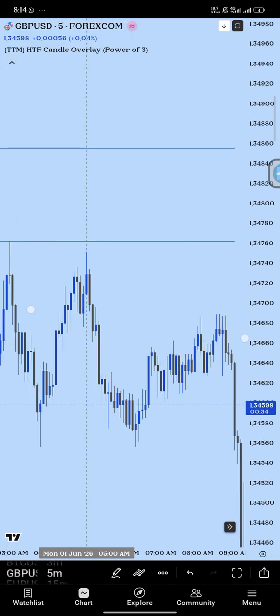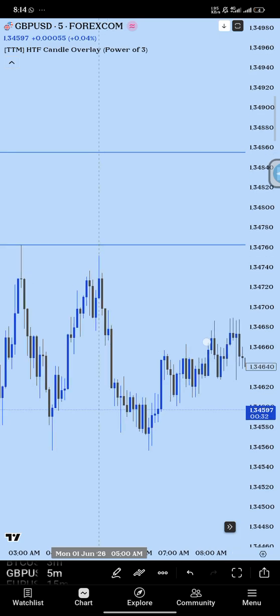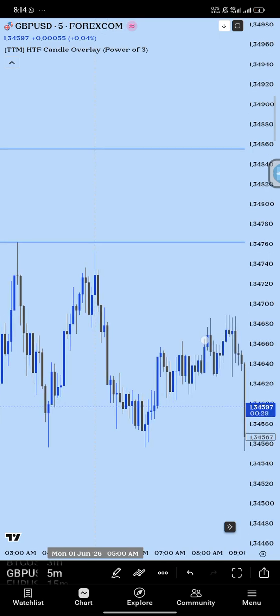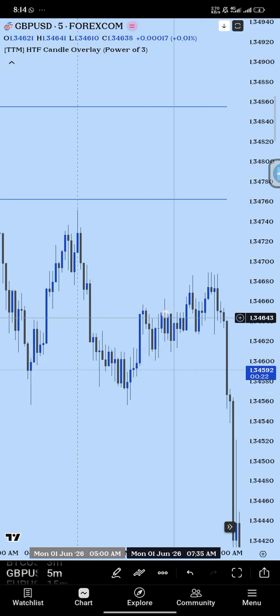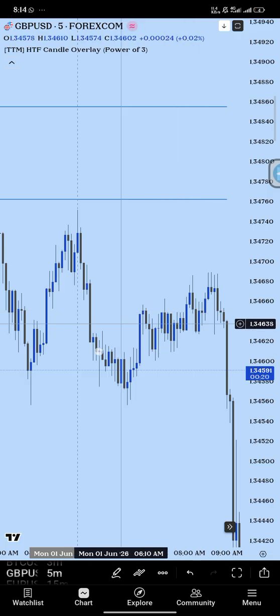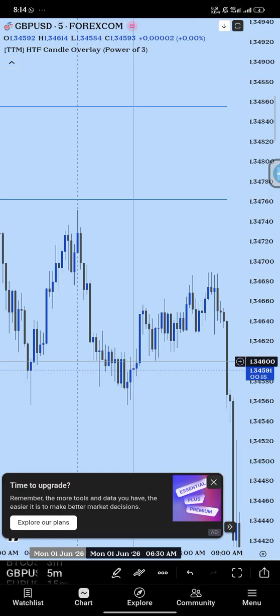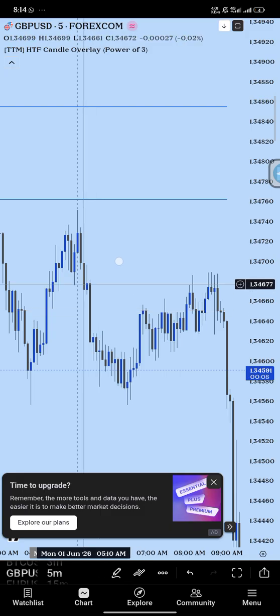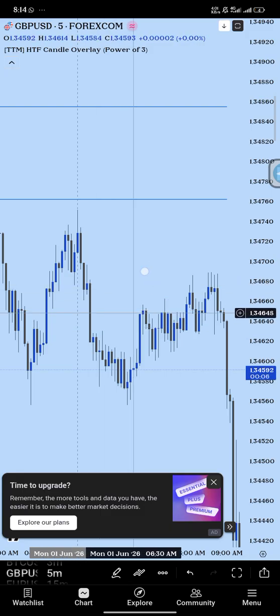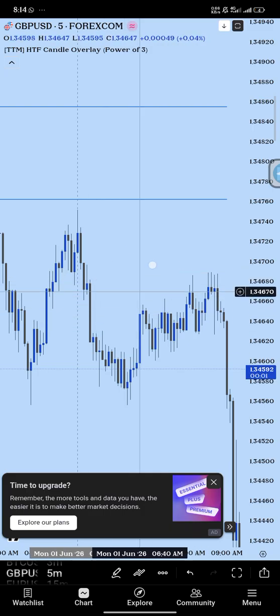So the only thing I noticed is that this entry was a very sketchy one, because the confirmation came in after a very long time. I was expecting all of this price action should have happened up here. That is my expectation.